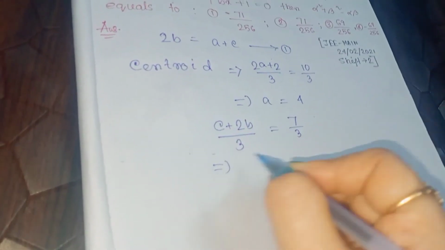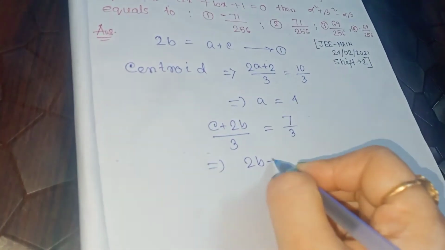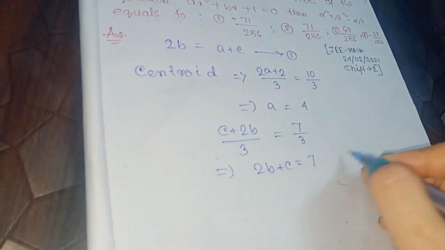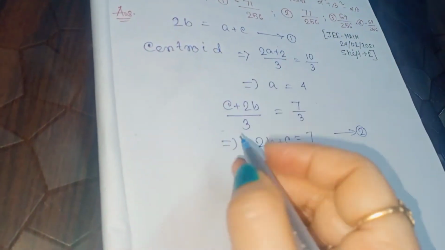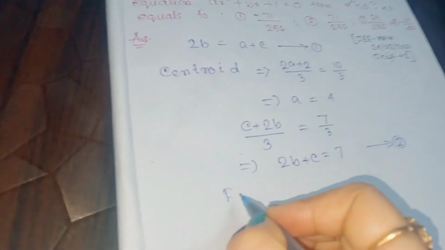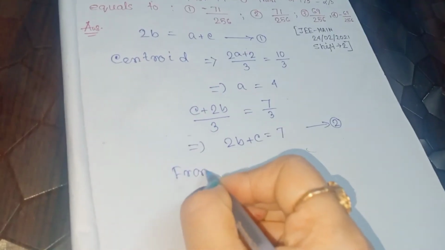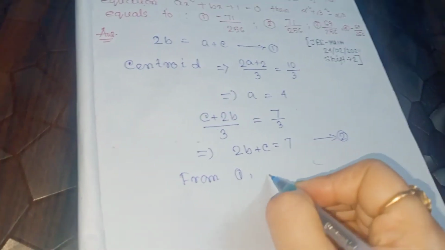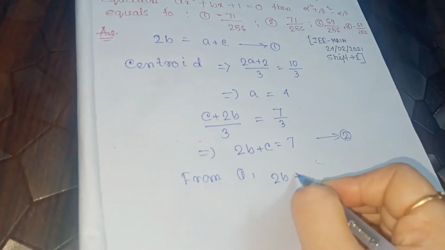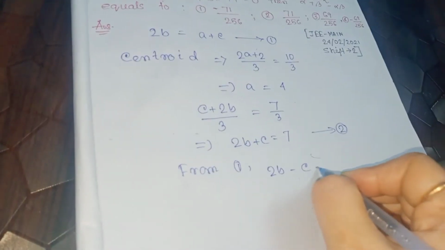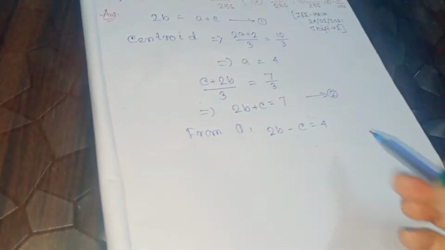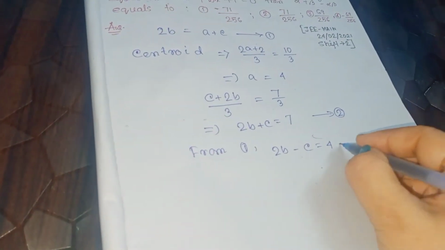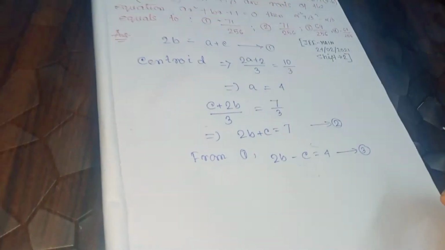So that implies 2b plus c is equal to 7. This is equation 2. So from 1, putting the value of a is equal to 1, we get 2b minus c is equal to 4. So this is equation 3.